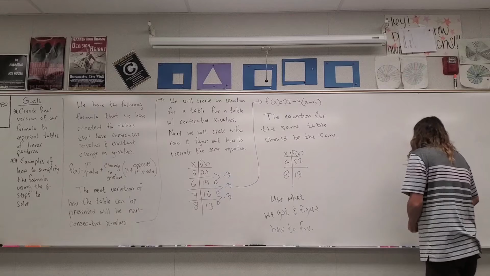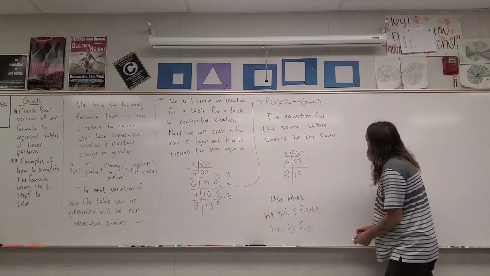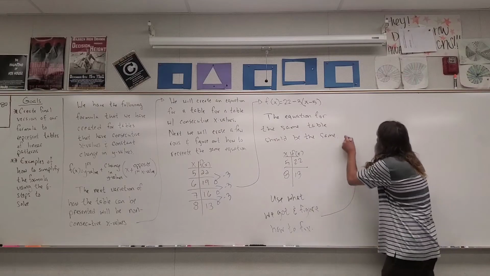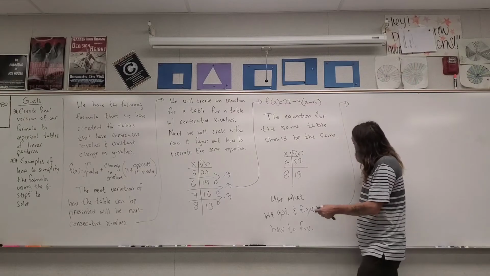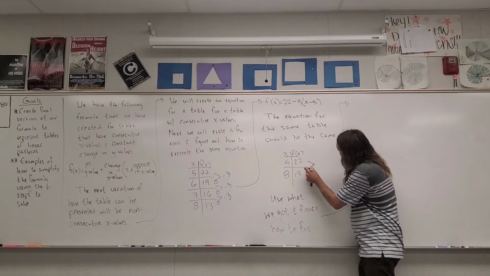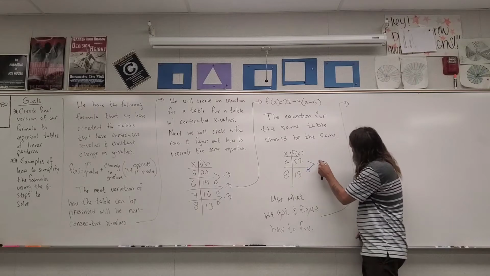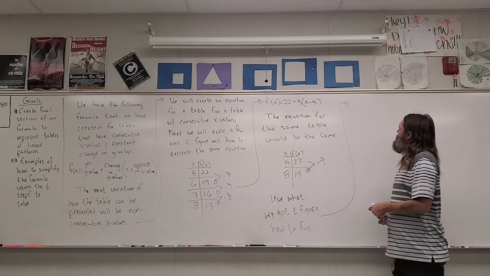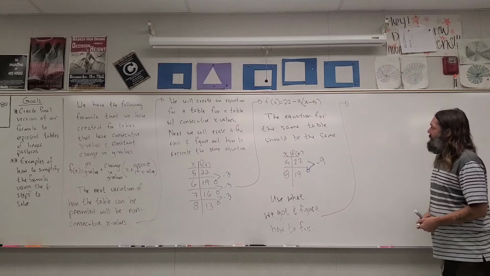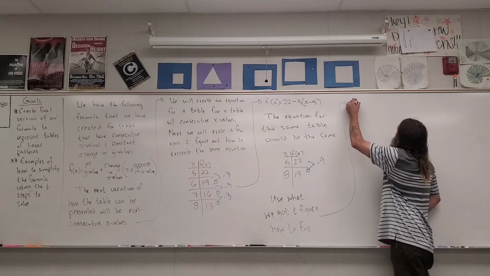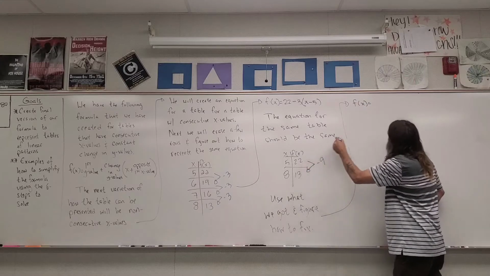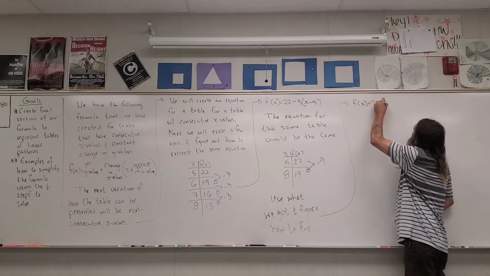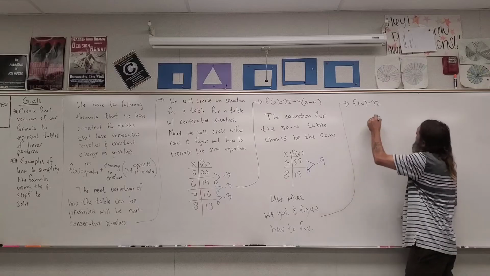All right, so here we go. My change in y is now 22 turns into 13 by subtracting 9. So our equation that we're going to have is going to be f of x equals my first y value, which is 22, minus my change in y.